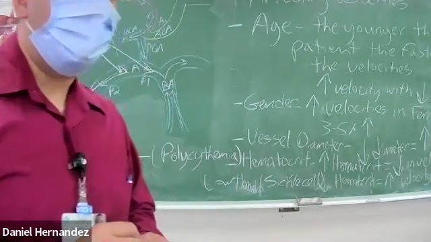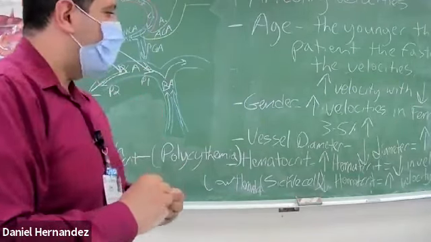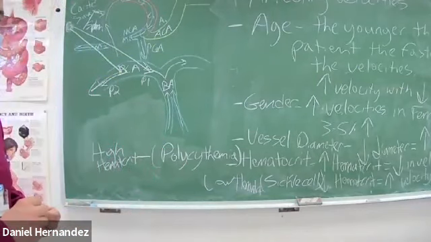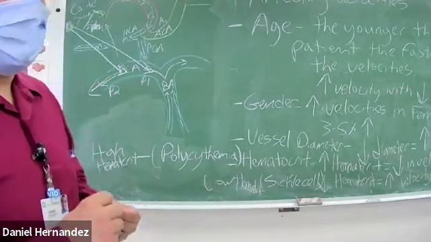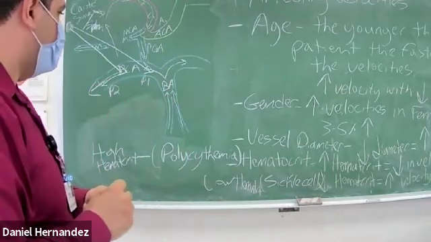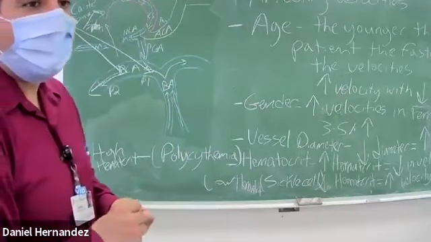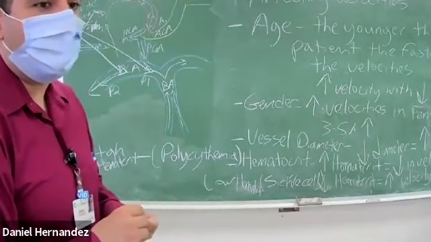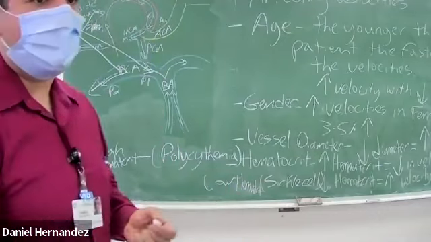Sickle cell, low hematocrit, will result in elevated velocities, high velocity flow. Polycythemia, a high hematocrit, will result in a lower velocity flow.